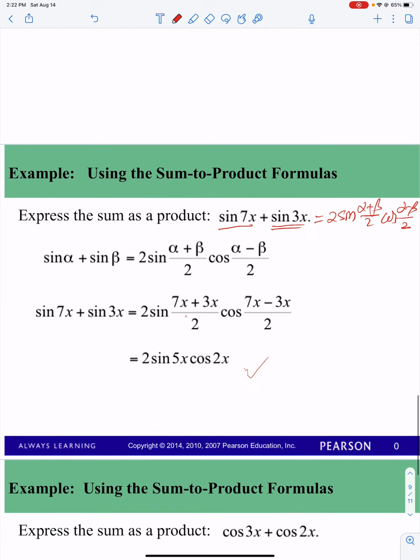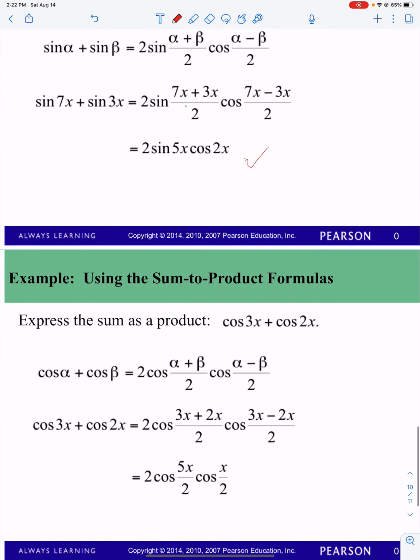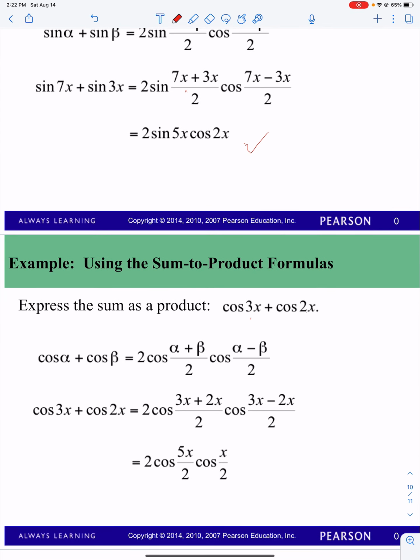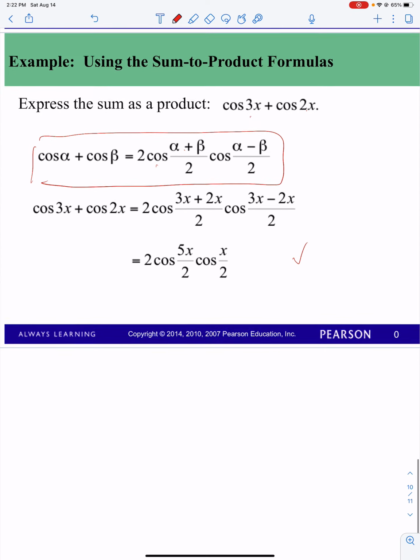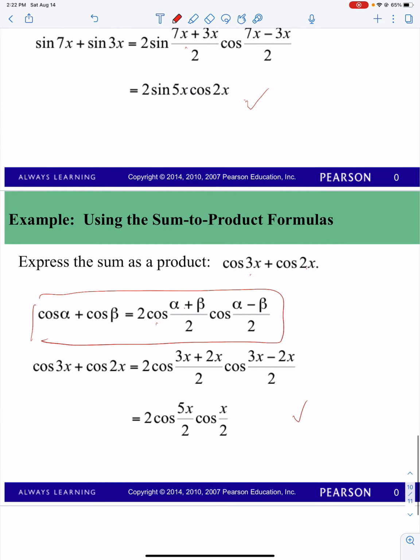After you know the formula, it's really straightforward. Cosine plus cosine is 2 cosine times cosine. So the formula is more important than the calculation. The calculation is pretty straightforward once you know the formula. That's really good. So that's this section.